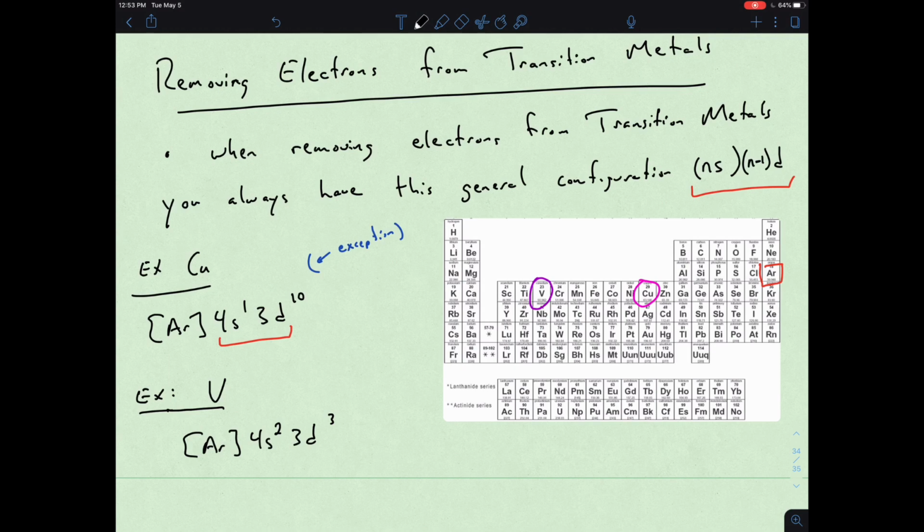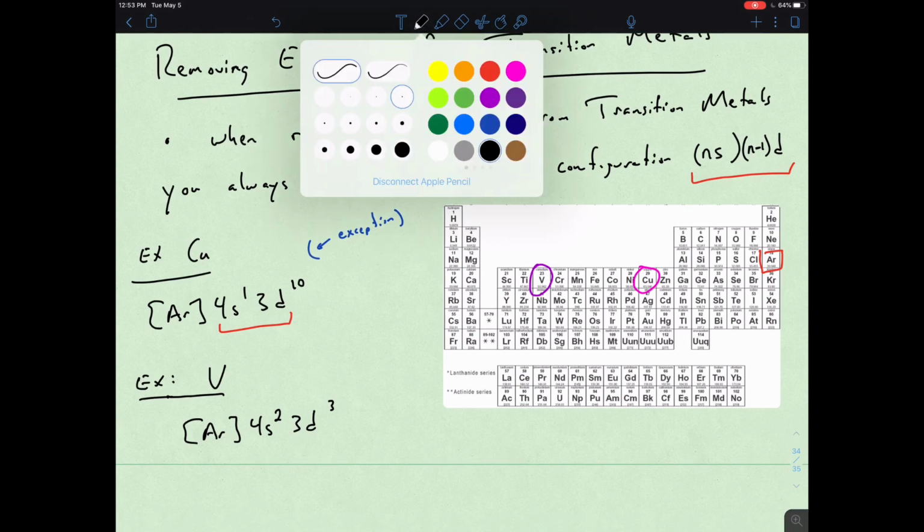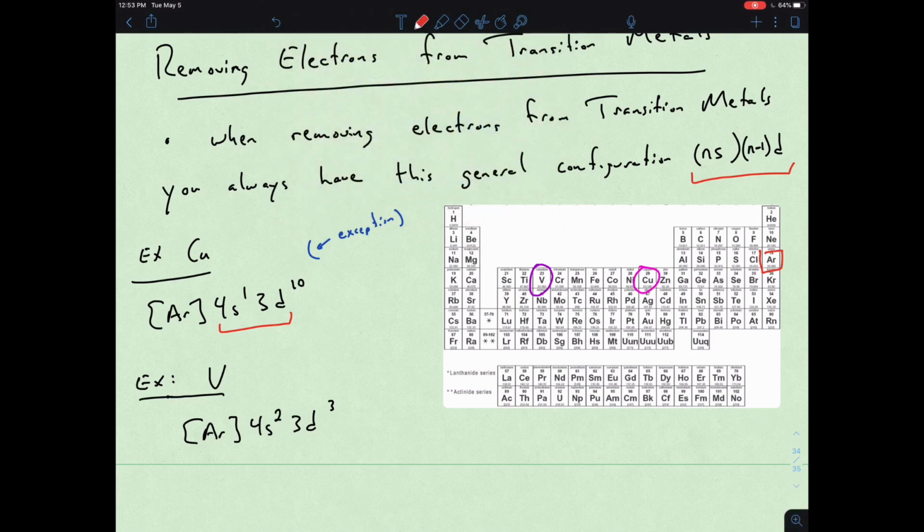Right, so those are the two examples, but we see the same notion again of this S-D relationship, just like we see in the top right hand corner, where we have this NS, in this case 4S, and then N minus 1D, and that would be 3.